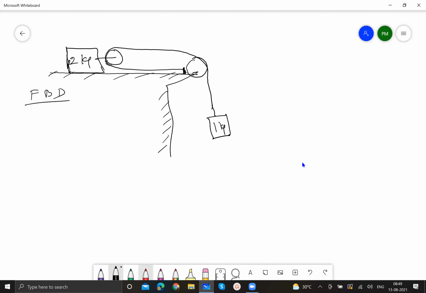So here, let us call this tension T naught, and this as T. For the block, let us call this M1 and this M2. So for the block M1, T of course is equal to 2T naught from the diagram.